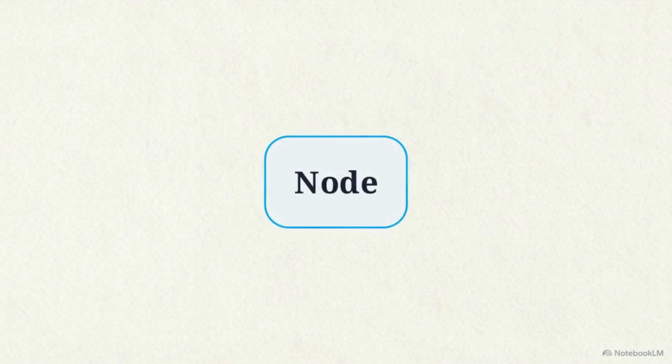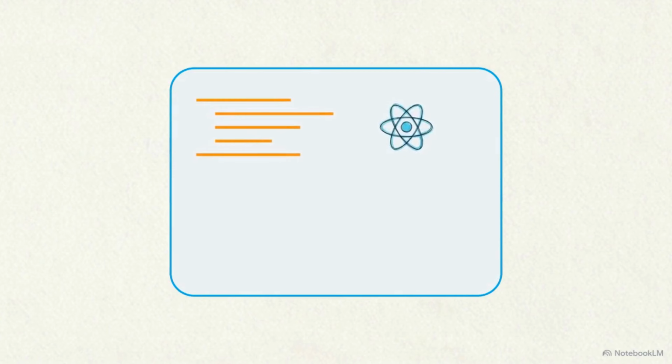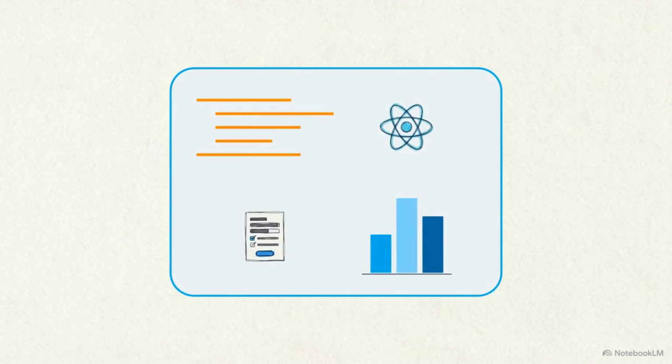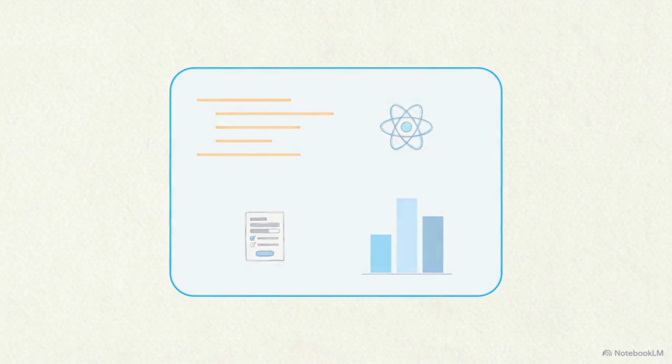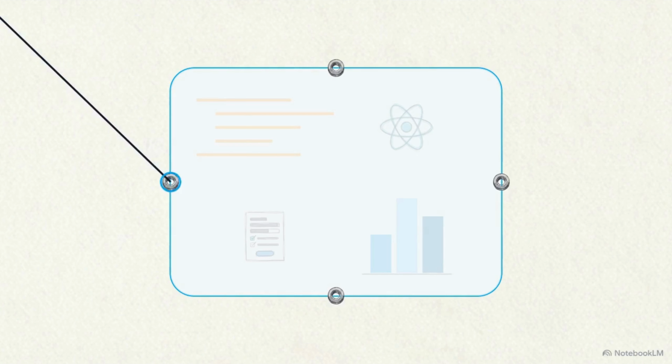In reality, each node is a fully customizable React component. The engine treats it exactly like any other element in a web application. This allows developers to embed live API calls, input forms, and interactive charts directly inside the node using standard HTML and CSS.